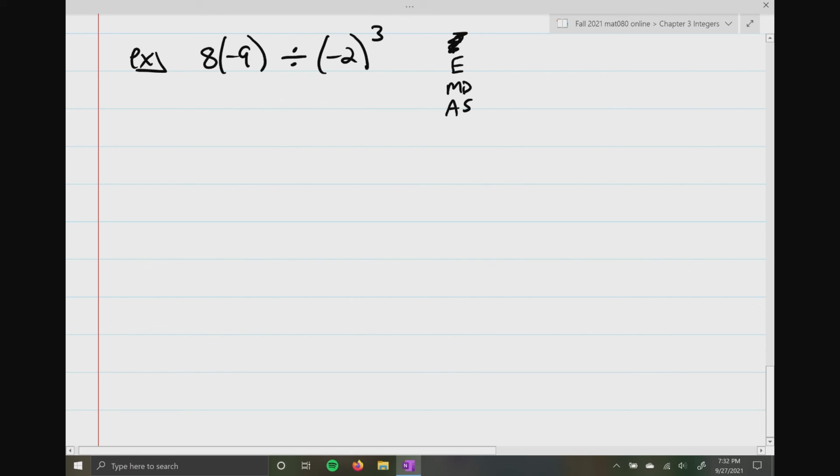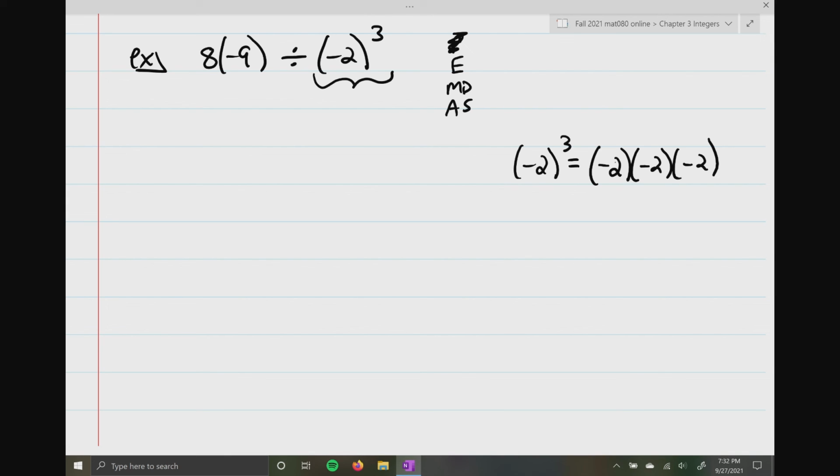Second, exponents. Well, I definitely see exponents, and it's right here. Now, be careful. That is the quantity of negative 2 raised to the third power, which means you've got to write this out. Because the negative is inside of the parentheses, I'm going to write negative 2 three times, and I'm just going to multiply.